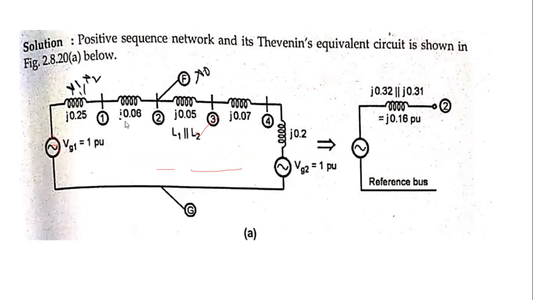Its value is the generator reactance, transformer 1 and transmission line reactance, and also the transformer 2 reactance and J0.2 for the generator 2 reactance. Then we simplify all the reactances and easily obtain the equivalent reactance.